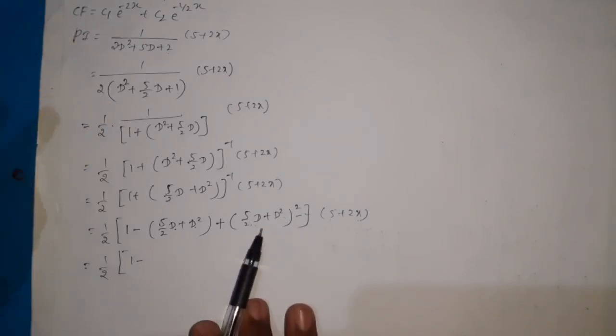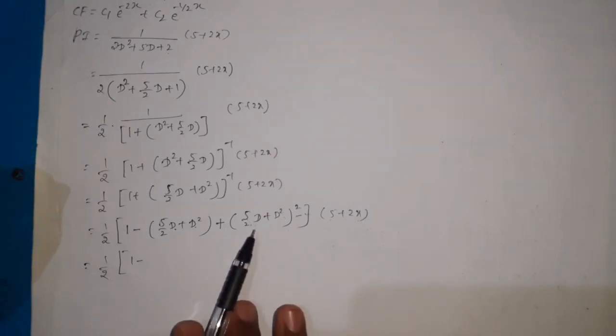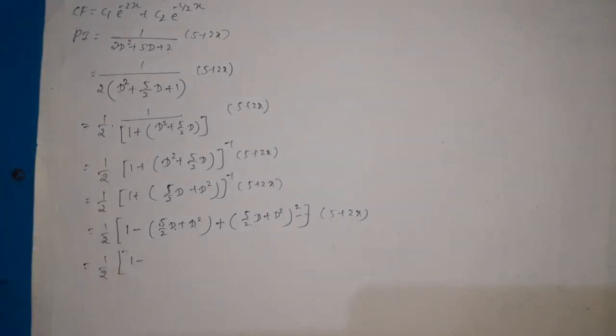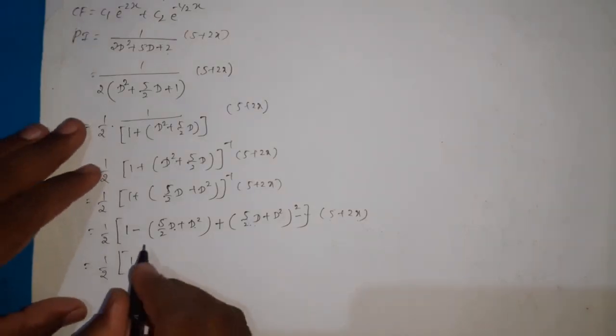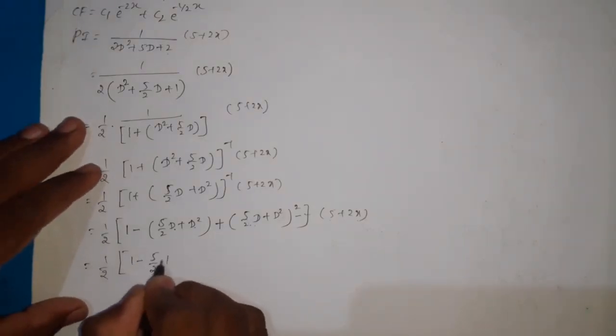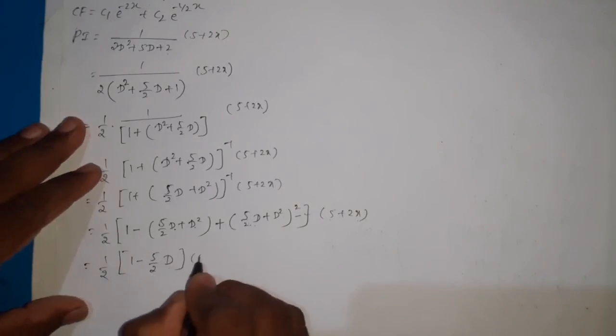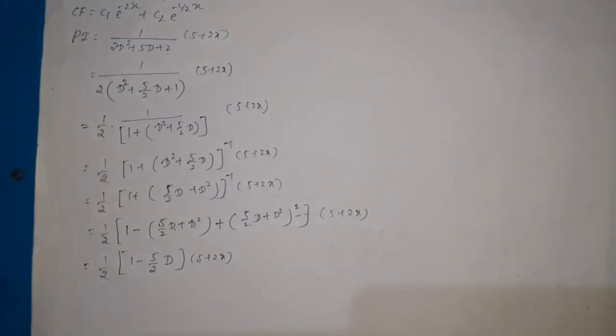So therefore here also there is no D, and in the next terms there also will not be any D. So therefore here we can consider minus 5 by 2 D into 5 plus 2x, because here the maximum power of D must be equal to 1 only. All the higher powers will vanish.